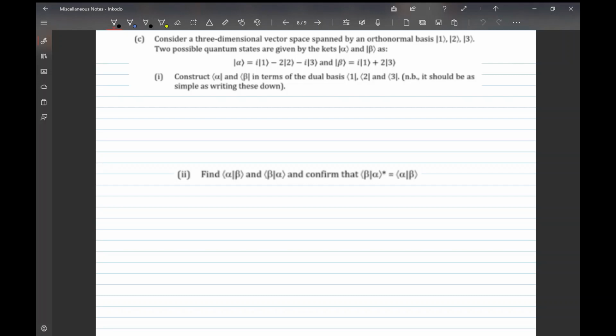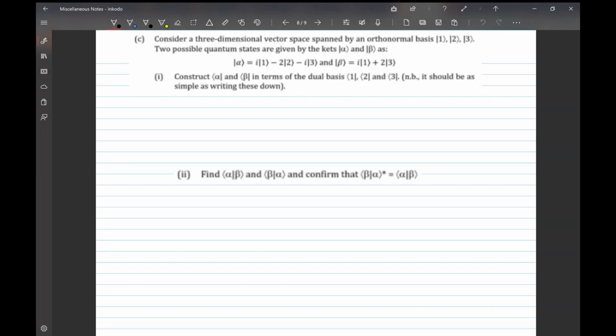Okay, part C. I want to consider a 3-dimensional vector space spanned by an orthonormal basis, given by these 3 ket vectors right there. 2 possible quantum states are given, as alpha and beta there, and we want to construct the corresponding bra vectors, which are those corresponding vectors in the dual space to our vector space, in terms of the dual basis 1, 2, and 3.